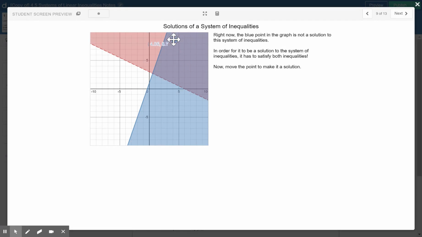It has to be in this double region. If you move to the red, that is not a solution to both inequalities. If you move it to just the blue, that is not a solution. If you move it to the blank area, not a solution. It has to be in this double area.